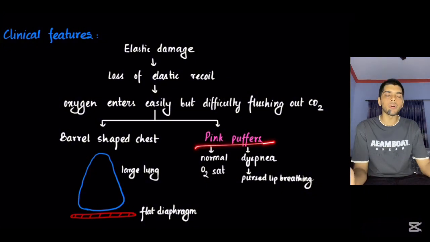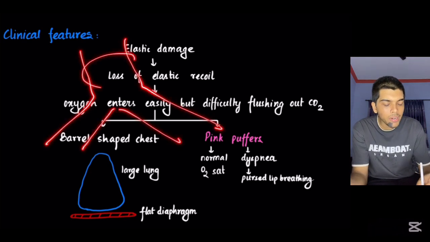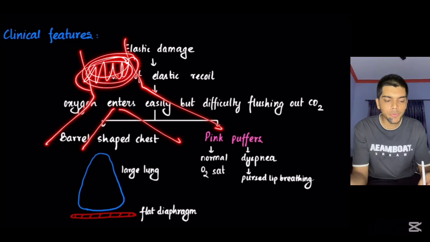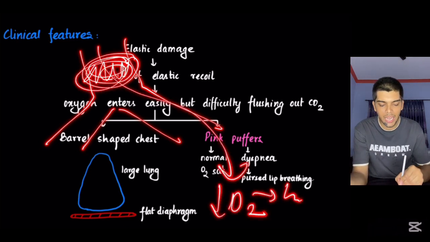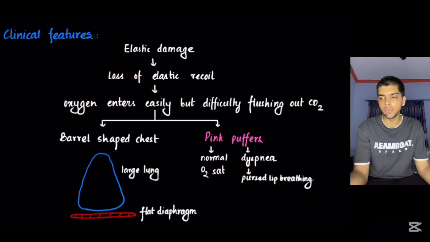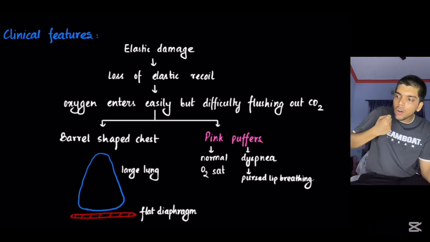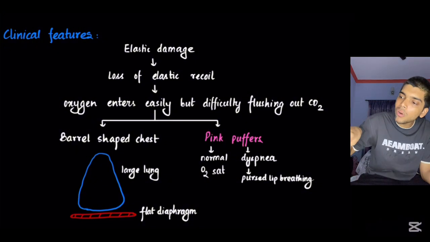Second, pink puffer. See, normally during chronic obstructive pulmonary disease, due to obstruction, what would you expect? Due to obstruction, reduced oxygen in blood, leading to hypoxia, eventually leading to cyanosis. But in early emphysema, as I said earlier, the person is able to take in oxygen easily, but is not able to flush out carbon dioxide.